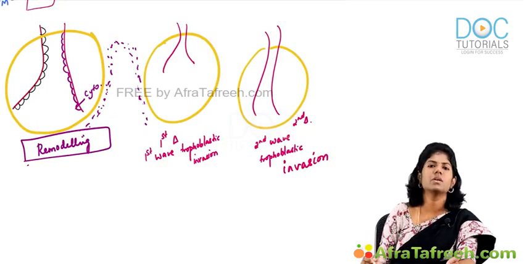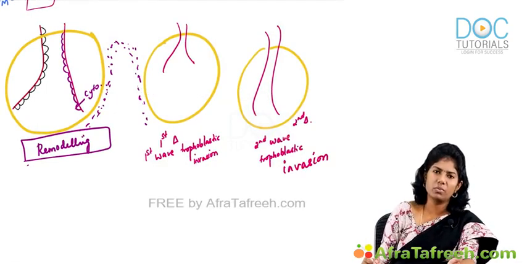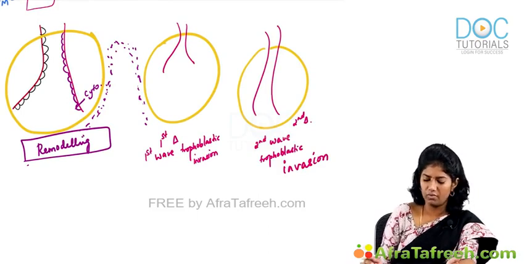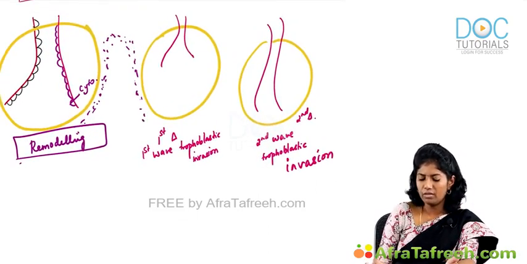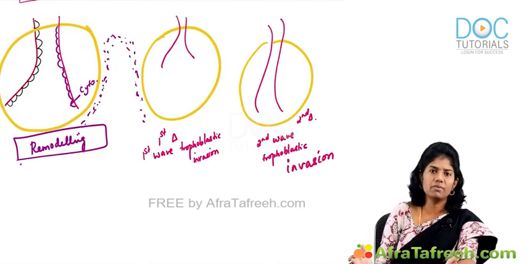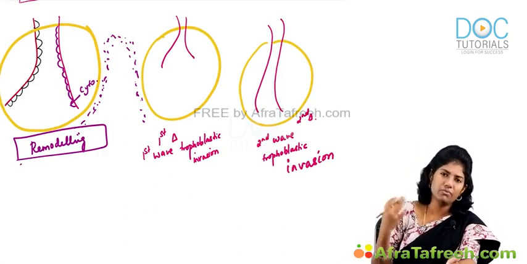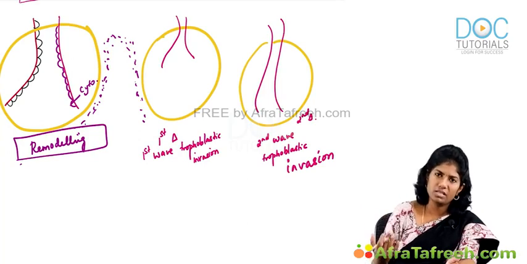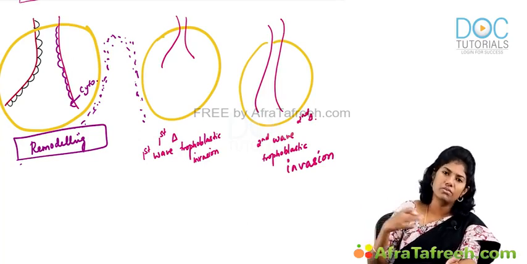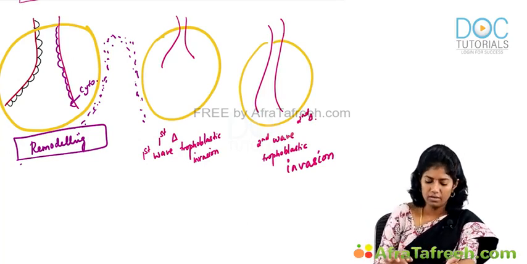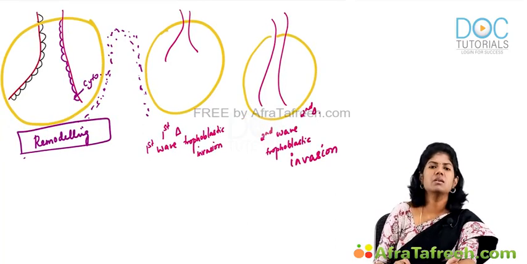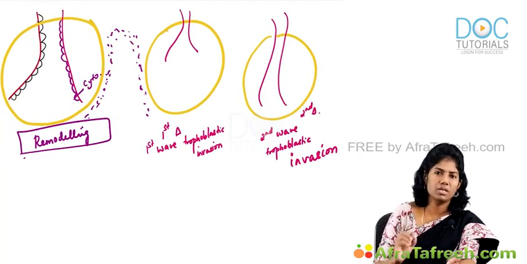So, we have first wave trophoblastic invasion, and we also have second wave trophoblastic invasion. So, when will the remodeling be complete? Only after the second wave trophoblastic invasion. In case the second wave trophoblastic invasion fails, deep penetration fails and remodeling also fails. So, this is the key pathology behind preeclampsia.